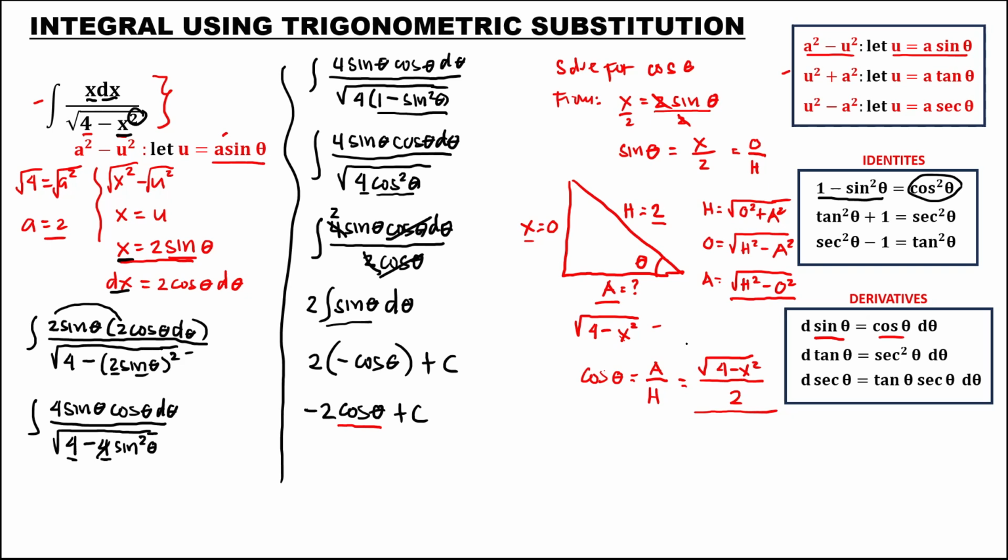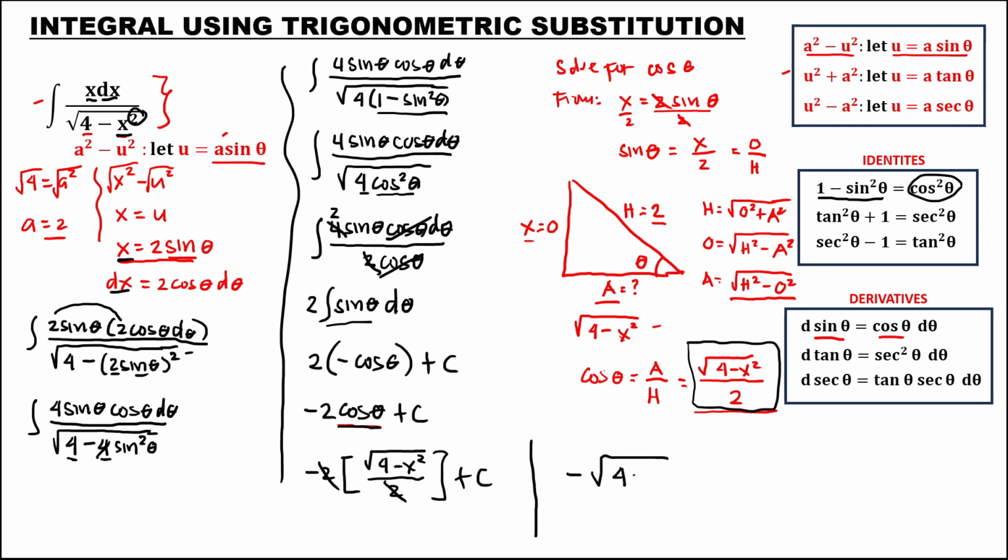This time, substitute this value for cosine theta. So this becomes negative 2 times the square root of 4 minus x squared over 2, plus c. Then to simplify, we can cancel these 2. So we have now negative square root of 4 minus x squared plus c.